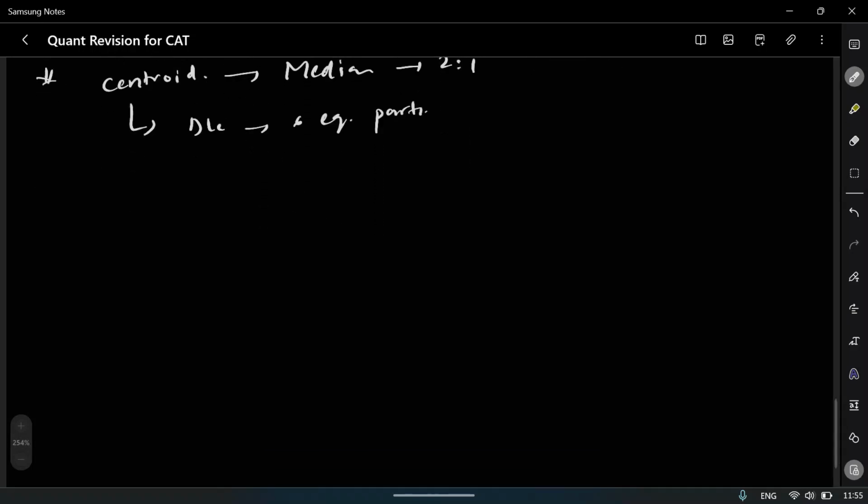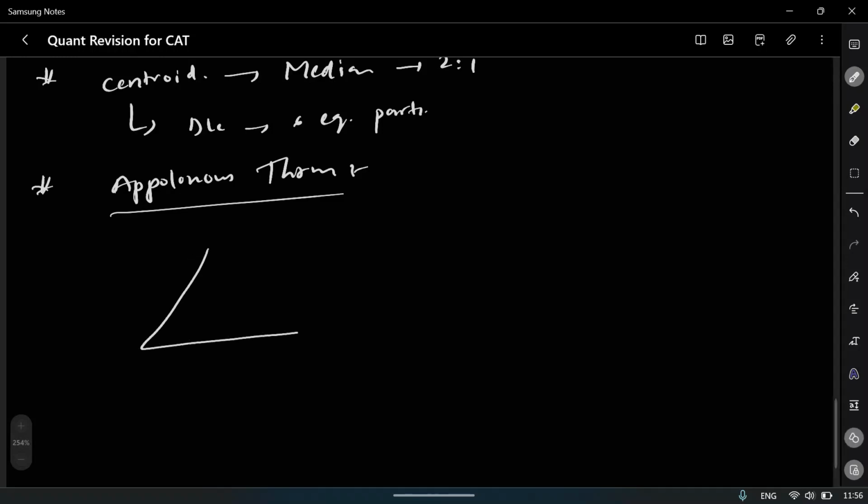And then there is one theorem called Apollonius theorem. It is regarding a median.